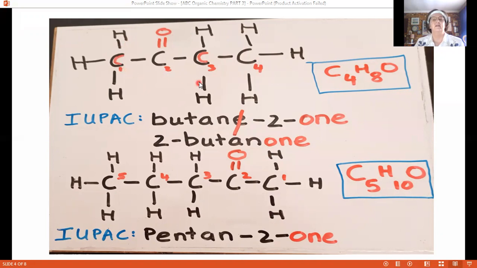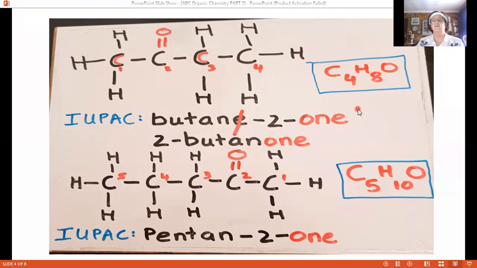Another example here, we've got 4 carbons. You have to number your carbon atoms from your functional group side first, being the left side here. The double bond oxygen is at your second carbon. With 4 carbons it is but, or but, like most people say. So it's butane. The E is replaced by -one. So you can write it 2-butanone or butan-2-one.